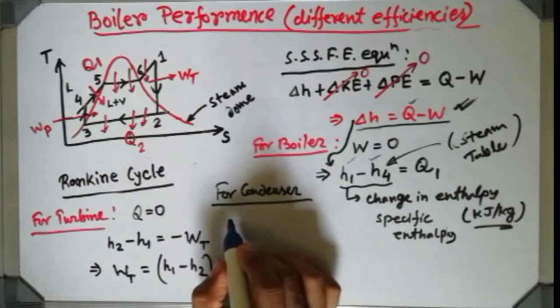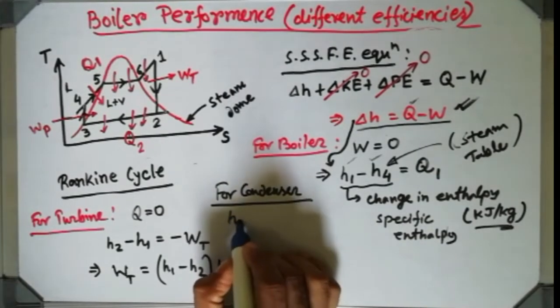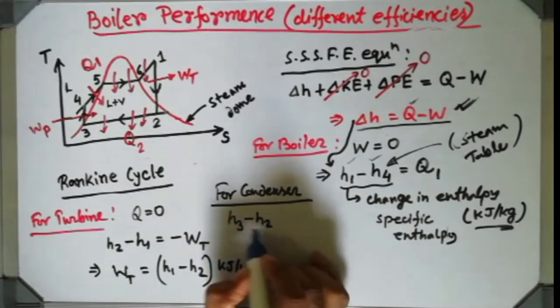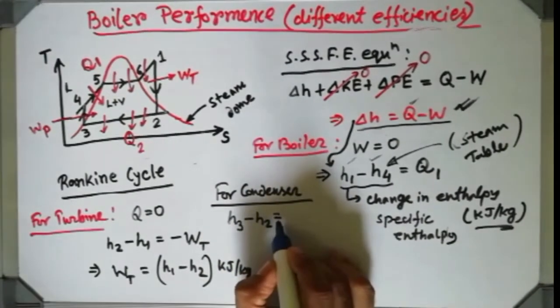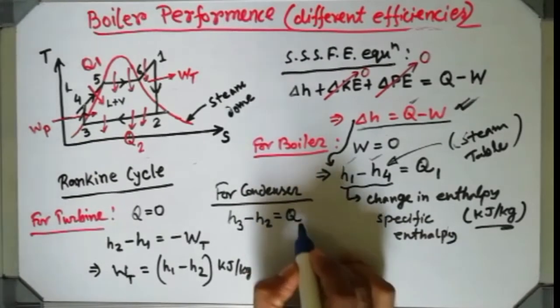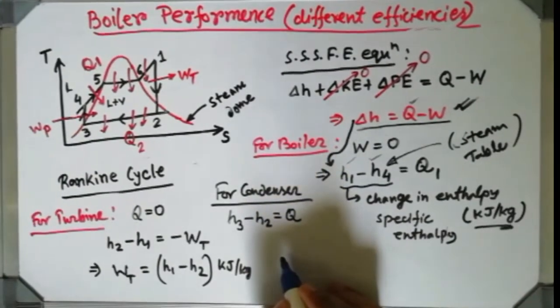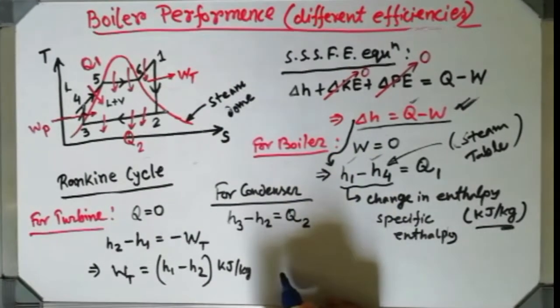If I apply it over here, the change in enthalpy will be H3 minus H2, that is the final enthalpy minus initial enthalpy, equals, with no work being produced, Q, and basically I have represented it by Q2.